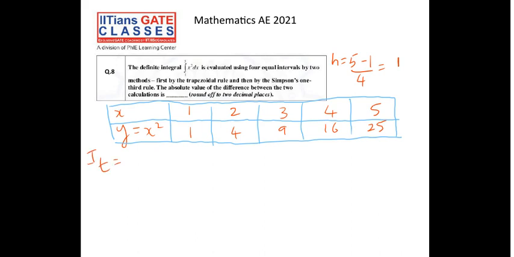Now we'll evaluate the integral by the trapezoidal rule first. So let's denote that by it. That's going to come to, by the formula, h by 2 into the sum of the first and last values, so 1 plus 25, plus 2 times the sum of the remaining values, 4 plus 9 plus 16.